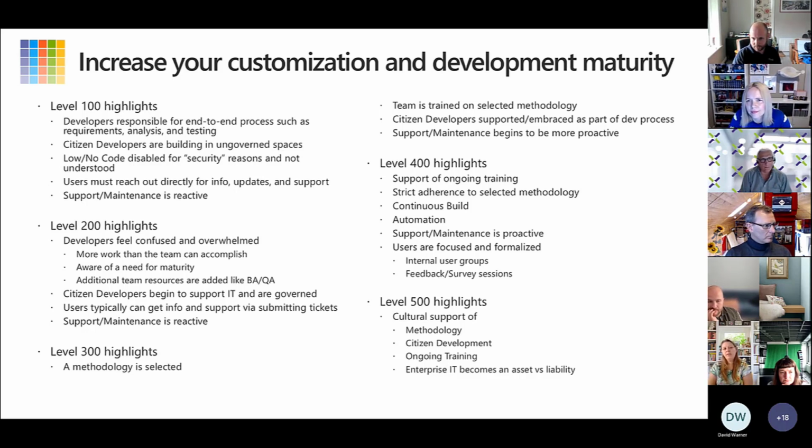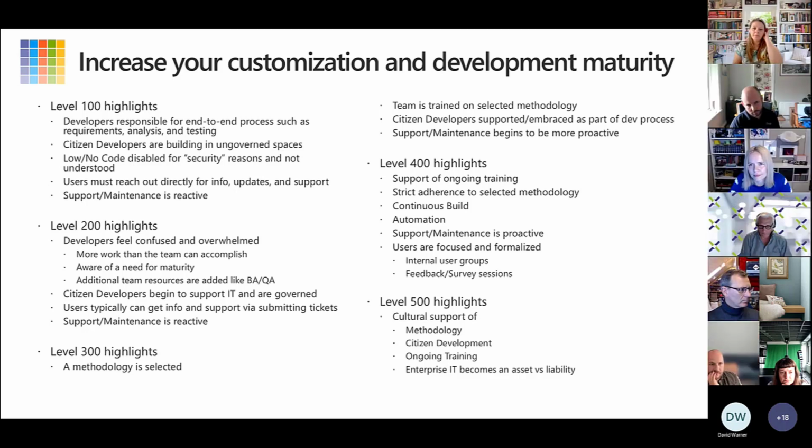Yeah. So one of the things that we're seeing a lot, especially, to your point, with all these apps and everything moving around, is just that need for enterprise planning, enterprise architecture, enterprise knowledge. And I think when we get to this kind of level of enlightenment in customization and development, with all the things that we're making, doing and planning, we get a level of understanding and management around what are we doing and what do we have and what do we not have, to the point where now all of a sudden we can get ROI out of our IT group.